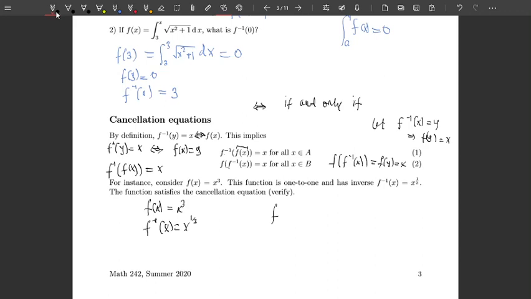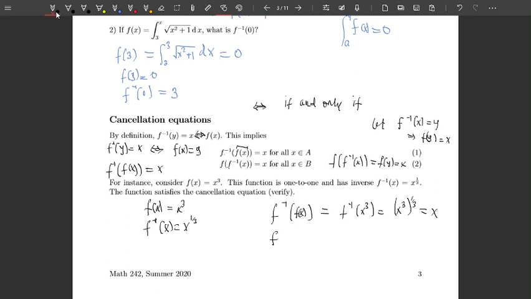What is my f inverse of f of x? Now this is the same thing as f inverse of, what's my f of x? x cubed. So this is f inverse of x cubed, which would be the same thing as x cubed all to the power of 1/3, which will be x to the 1/3 times 3, which is x.